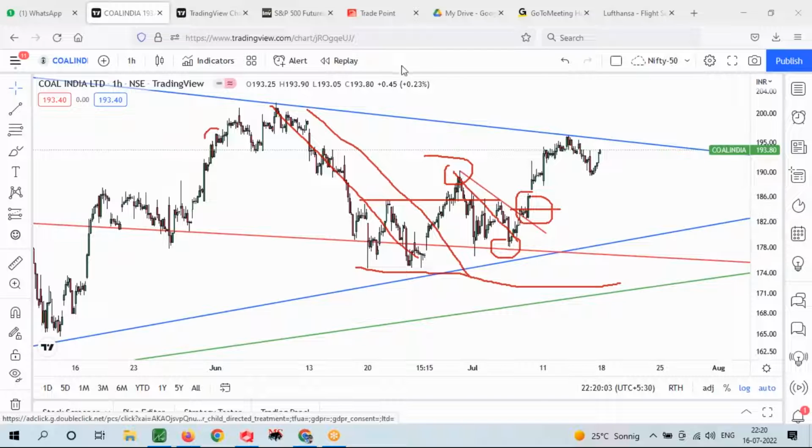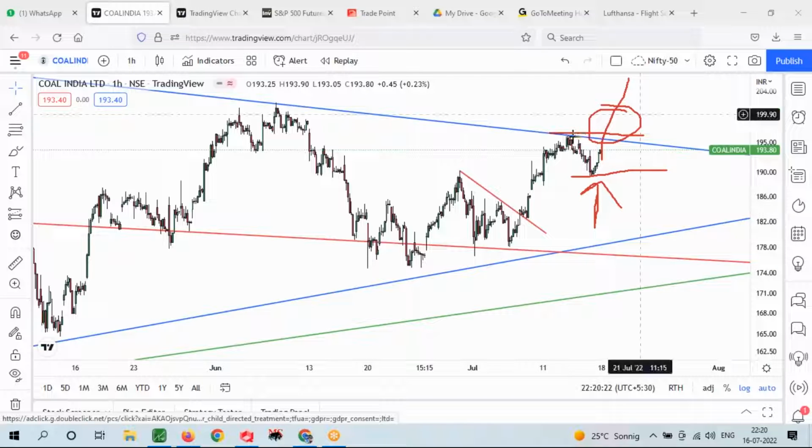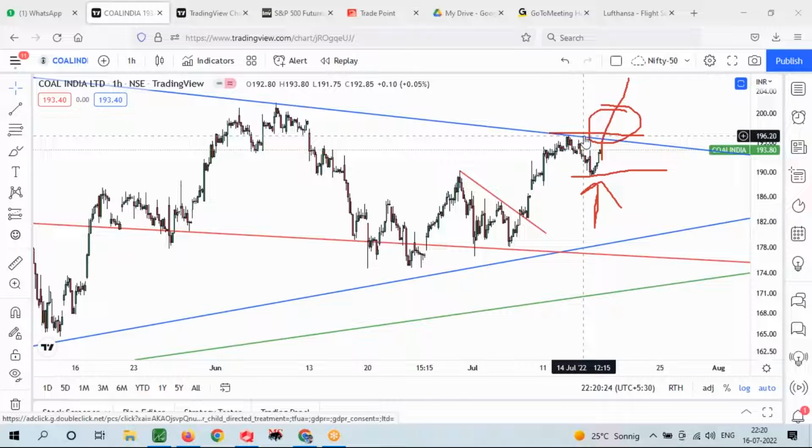Okay, or now I will wait for a crossover of this high, then stop loss is this, buy, stop loss. You know the targets. 212 is an important resistance, so we will book out there. So what will be the risk? Above 196 you have to buy, 189, so 7 rupees stop loss.